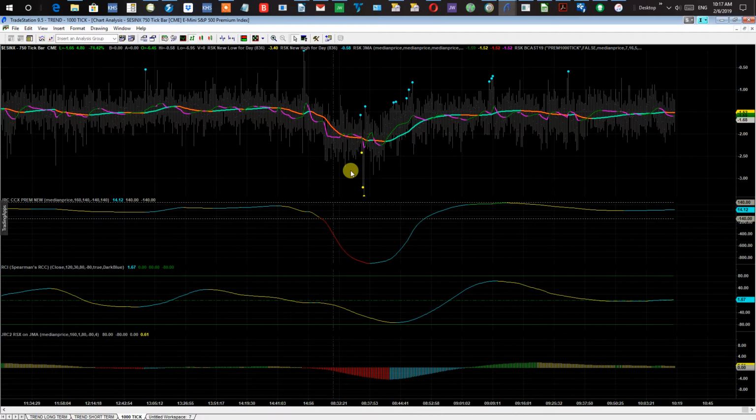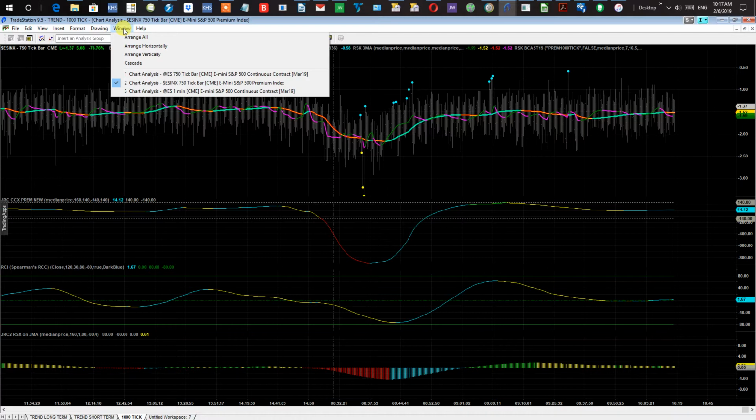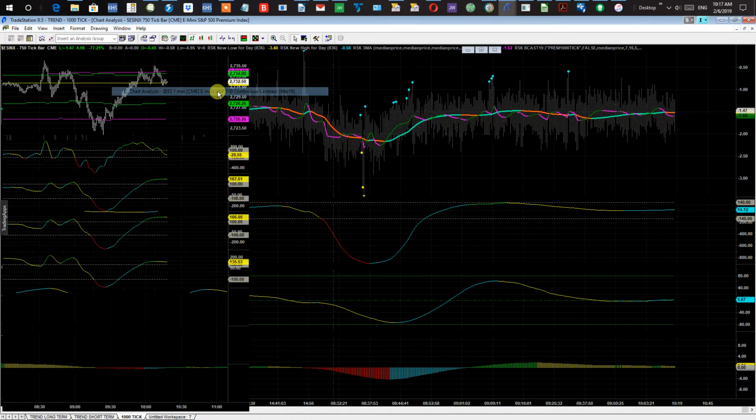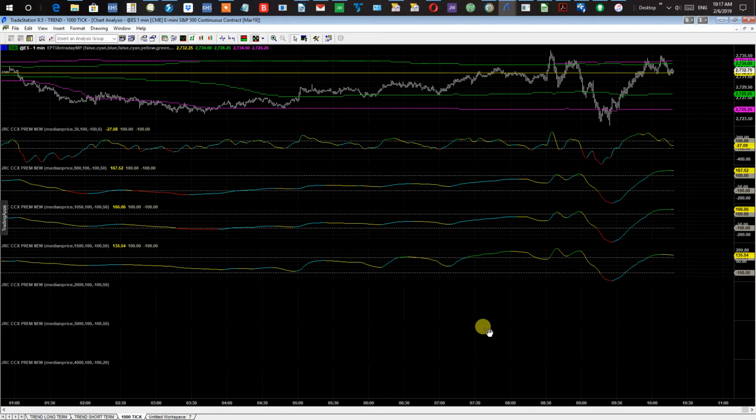But now there's another aspect to this that I like to use. I've created a chart where I'm tracking where the JRC CCX indicator is. And I've created a spread on this particular worksheet that uses a variety of different settings.